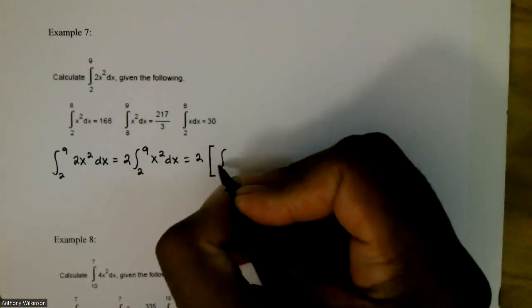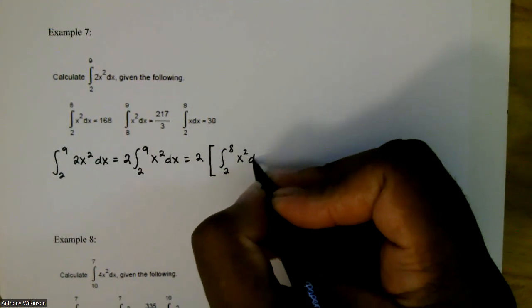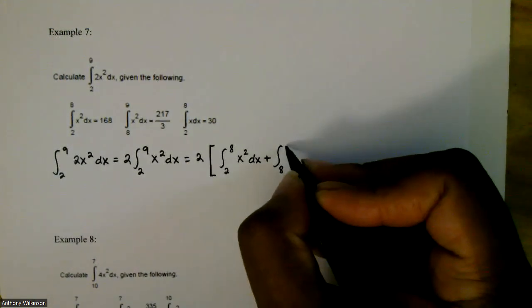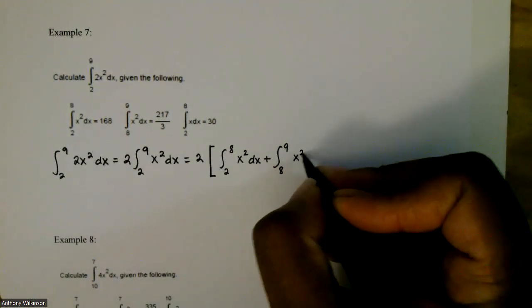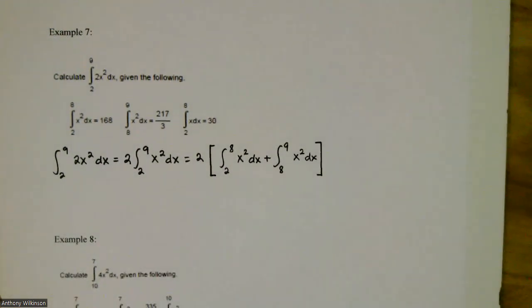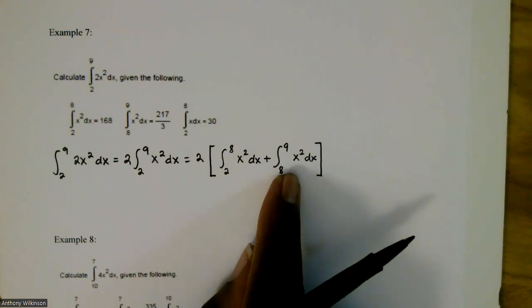The integral from 2 to 8 of x squared dx plus the integral from 8 to 9 also of x squared dx. So in this case here, I'm applying property number 5 of those properties of definite integrals.